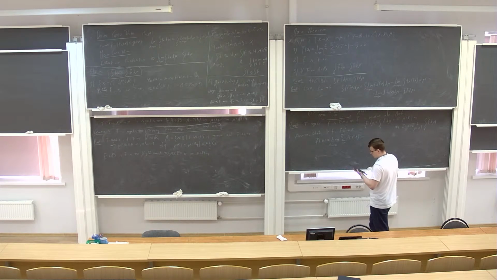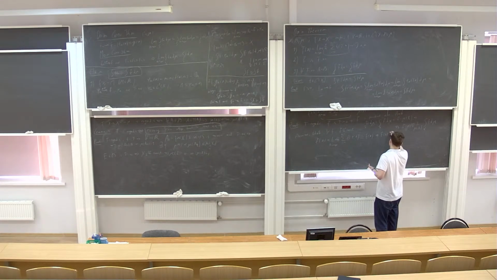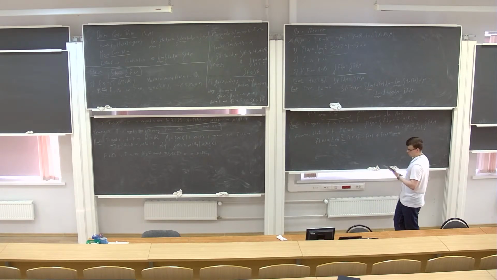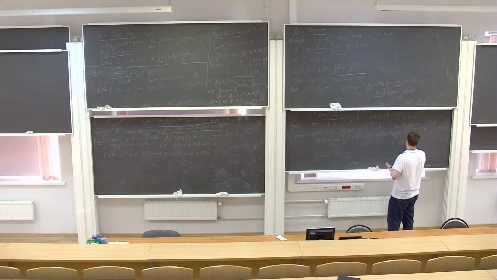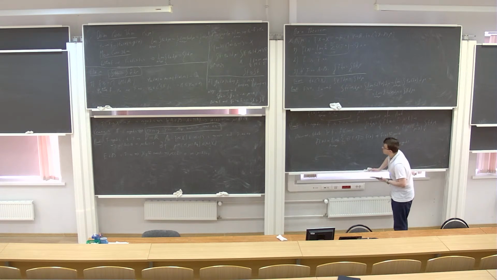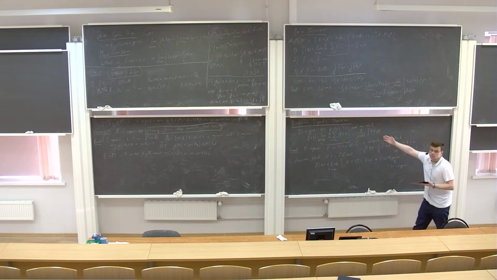If f is a T invariant function, then this limit is just equal to f of x. So f of x is constant almost everywhere, just because f tilde is constant almost everywhere. But that means that T is ergodic by our definition of ergodicity. And that finishes the proof of Birkhoff's ergodic theorem.